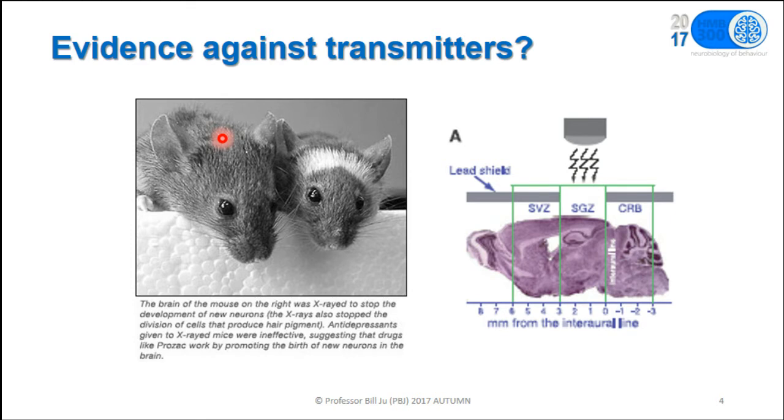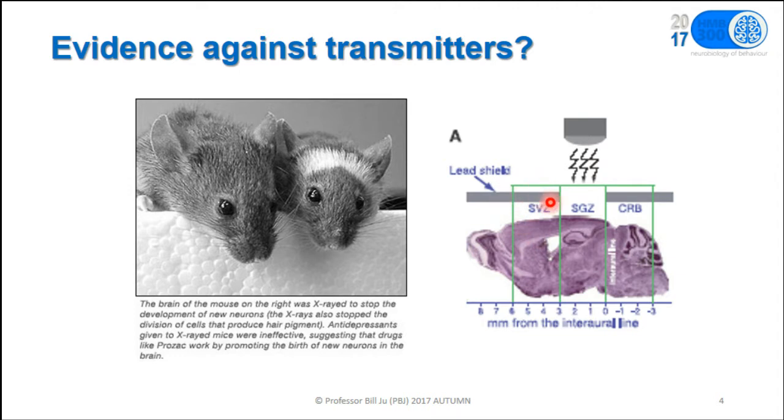If you're looking at these two different mice here, the one on the left is actually very different than the one on the right. And you'll see that there is this sort of patch of hair on the top that has changed color. This is because the hair follicles have actually died in this region, and the reason is that the mouse head has been placed under lead shielding.